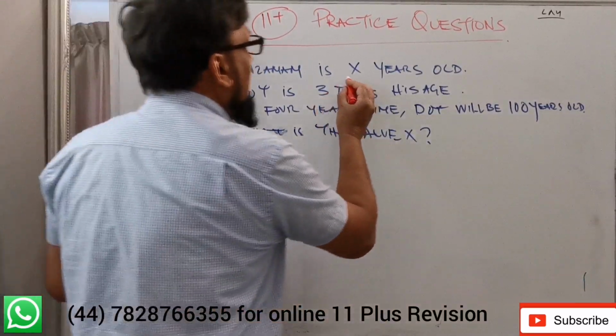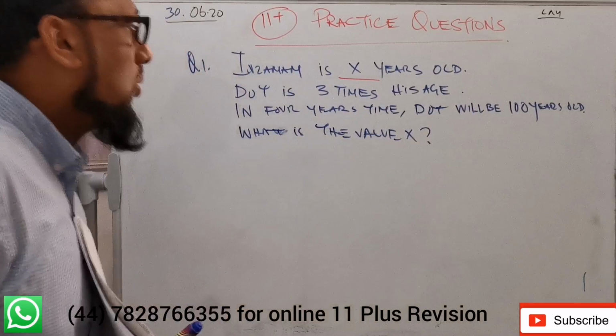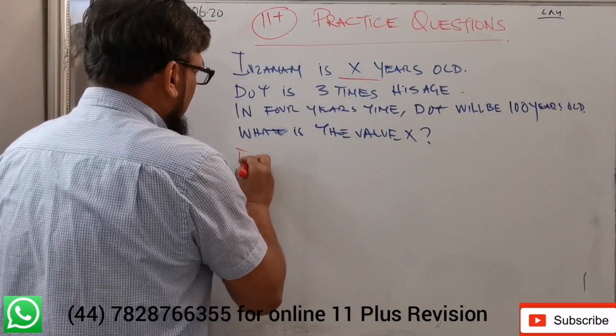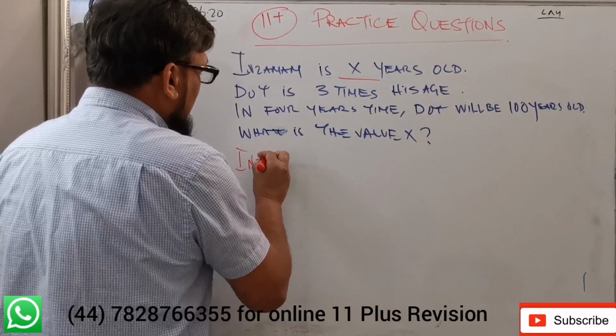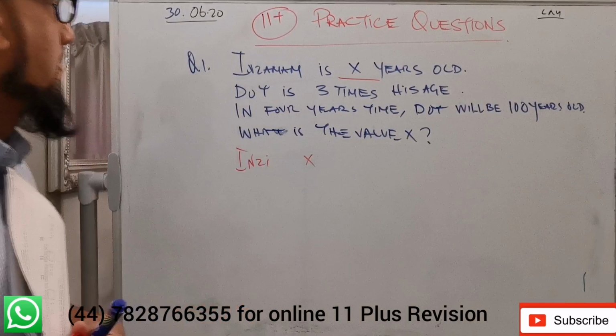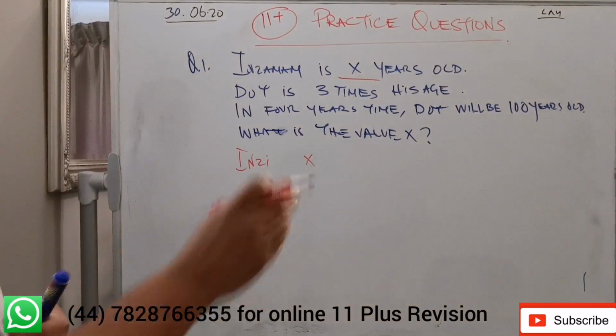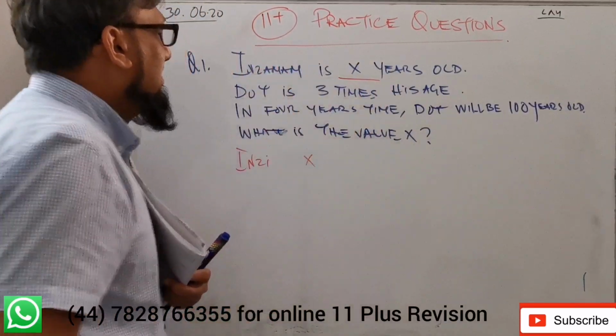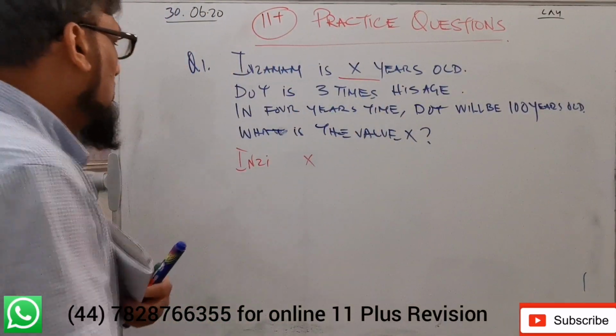So Inzimam is X years old. Inzi's age is X and Dot is 3 times Inzimam.